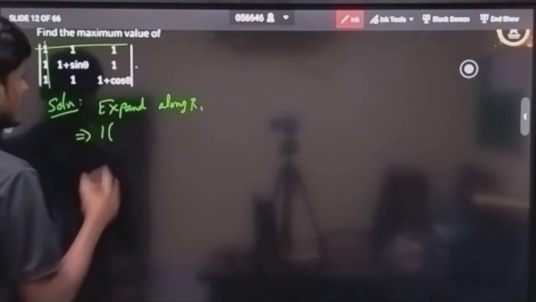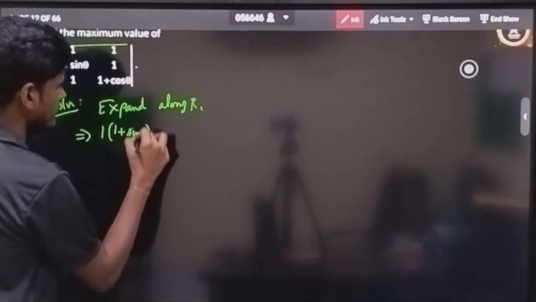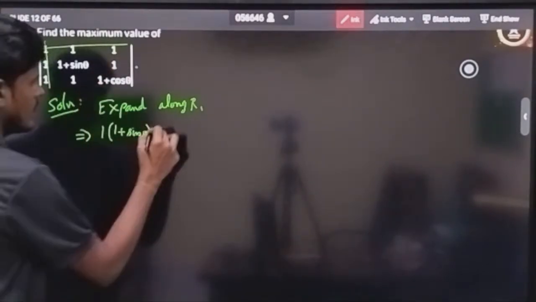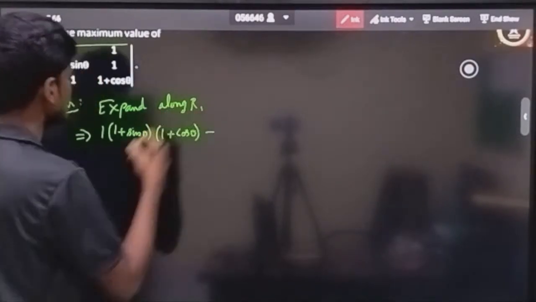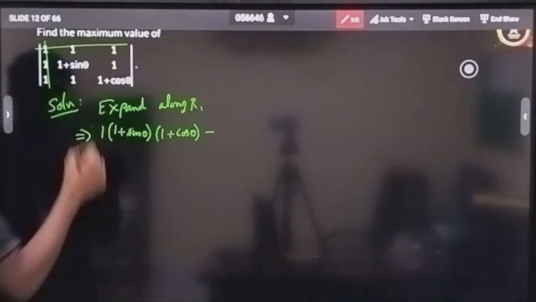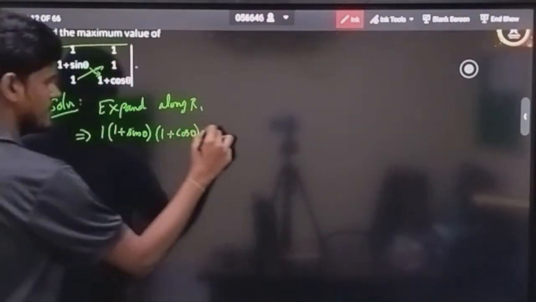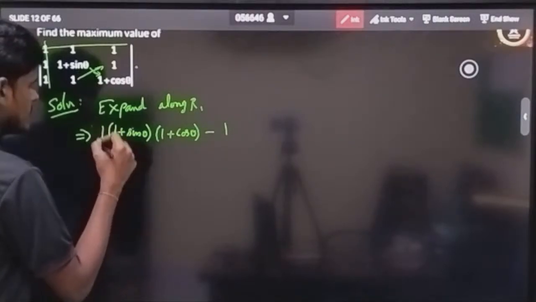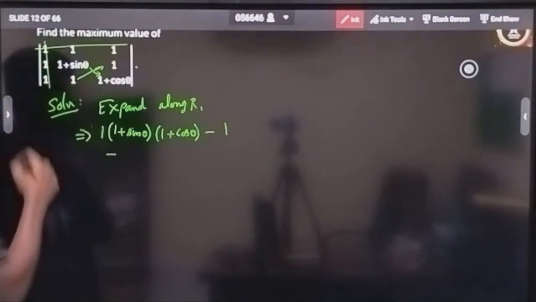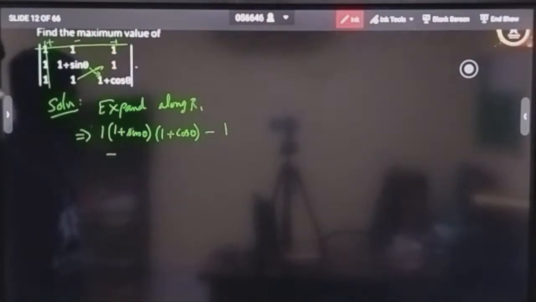That will be 1 into 1 plus sin theta into 1 plus cos theta minus 1 into 1, multiply these two minus these two elements, that will be 1. The first sign is positive, the next one is negative, and then we take positive sign.